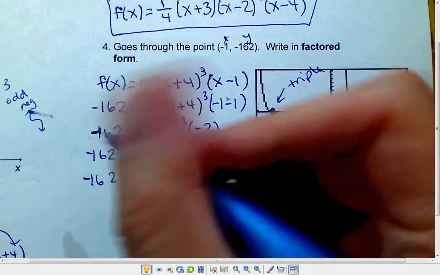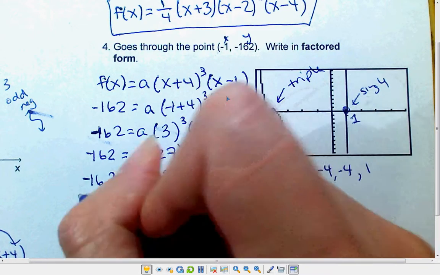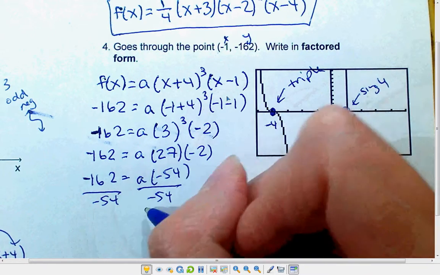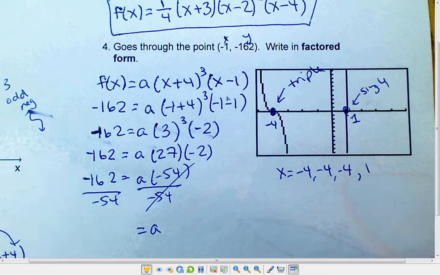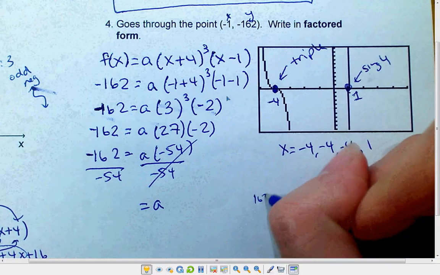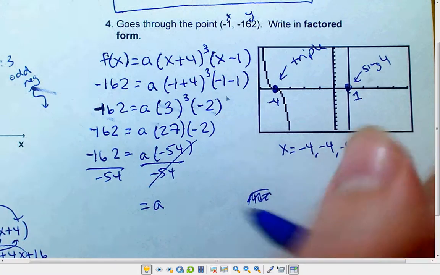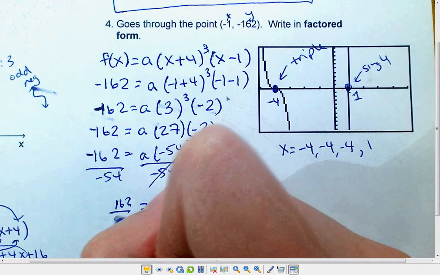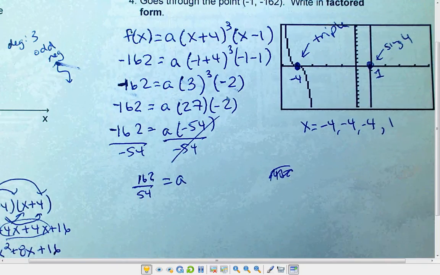Again, I'm going to solve for a by dividing both sides by -54, which leaves me with 162 divided by 54, which again we can simplify. So let's say we divide it by 2.